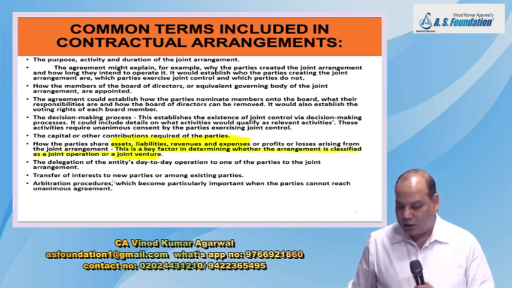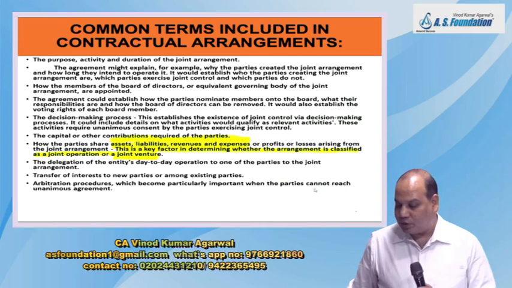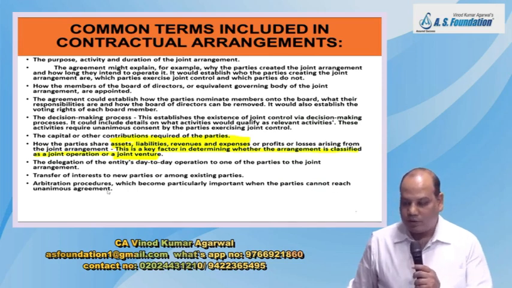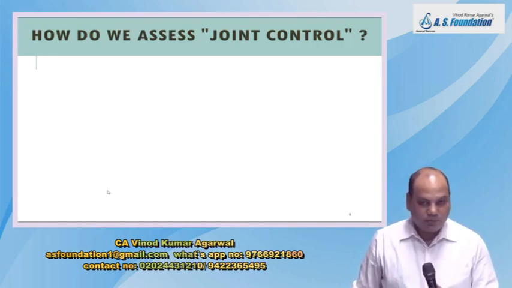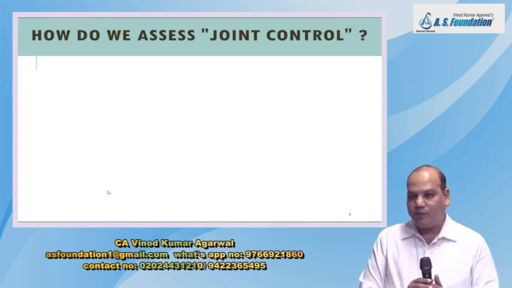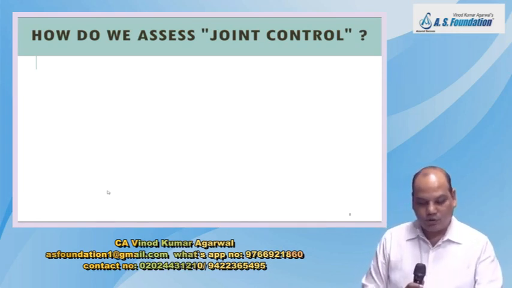That is, whether you will add new members, transfer of existing interest to other parties, etc. And the last one I have written, arbitration procedure, which become particularly important when the parties cannot reach the unanimous agreement. This paragraph may not be very important for exam, but it gives you a highlight of how joint arrangements are negotiated or entered into.